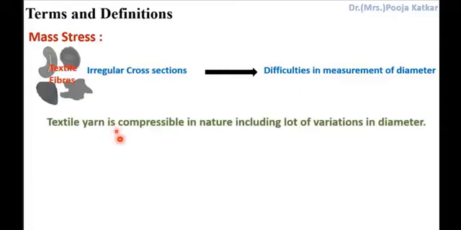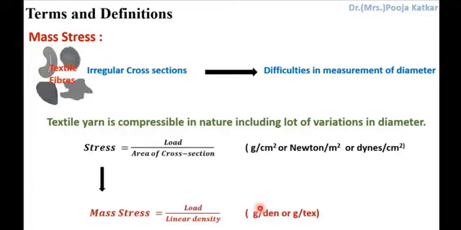As far as textile yarns are concerned, those are compressible in nature and they include lot of variations in diameter. And hence, solution for this problem is, instead of considering area of cross section in the formula of stress, which takes care of diameter, we can use what is called linear density, one of the measures to express size of fiber and yarn.